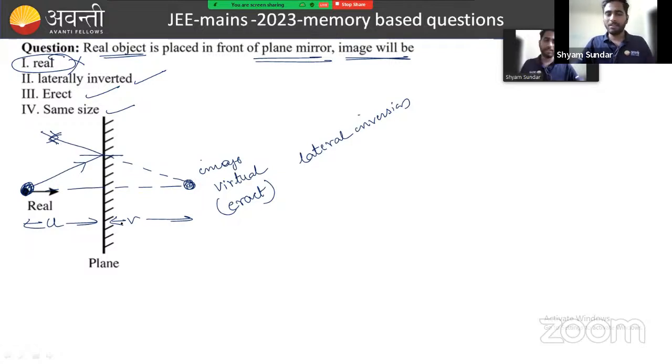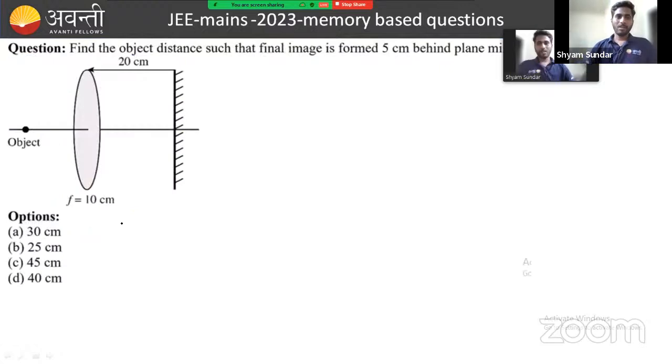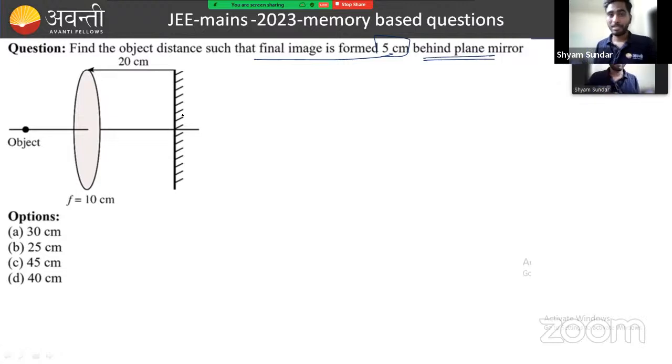Okay, well. We'll go to the next question. Find the object distance such that the final image is formed at 5 centimeter behind the plane mirror. Okay, we need to calculate the object distance.